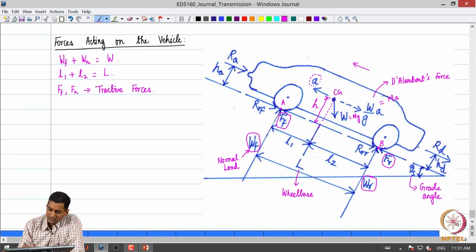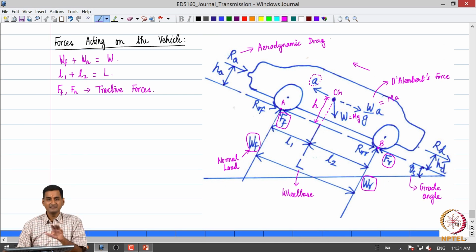Now, what is this Ra? Ra is the aerodynamic drag, which has been lumped on the vehicle in this manner.